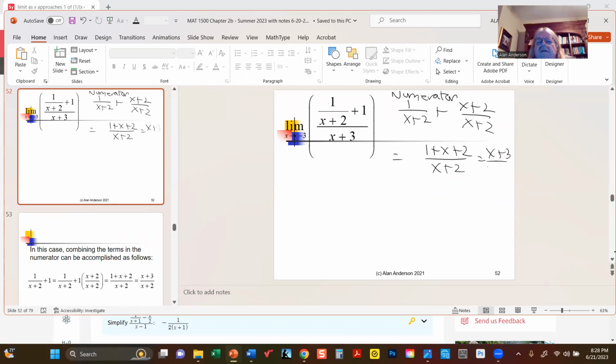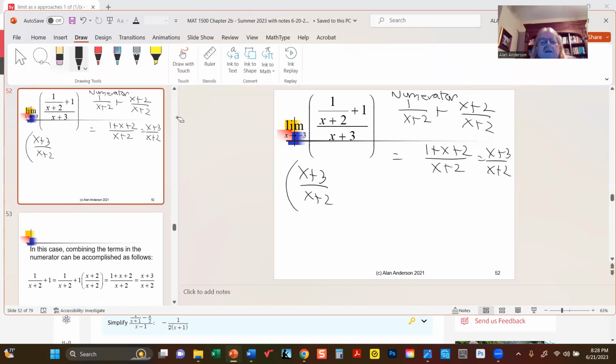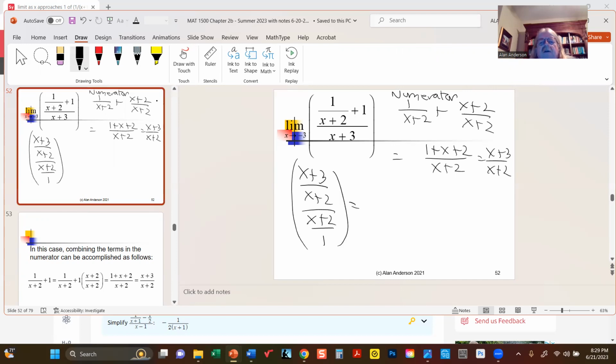Oh, even better. You're going to have x plus 3 over x plus 2, all divided by x plus 2. And I'd like to write it like this so that I can clearly show.